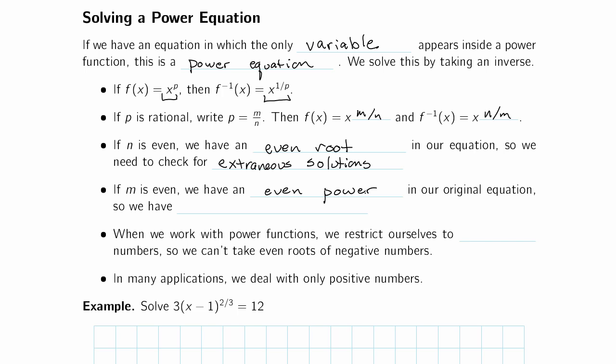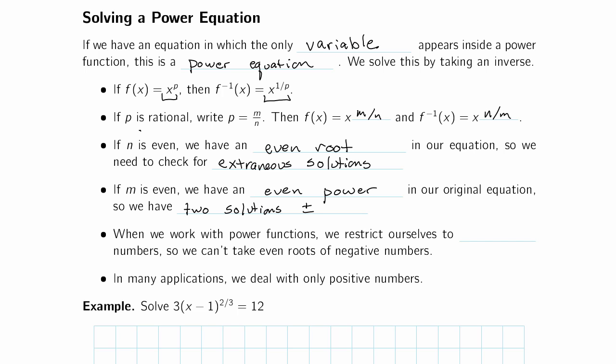And as we've already seen, when we define the even roots, we make a restriction where we take the positive even root. But the negative even root is still a solution to the equation. So when we get rid of an even power, we have two solutions where we use a plus or minus.